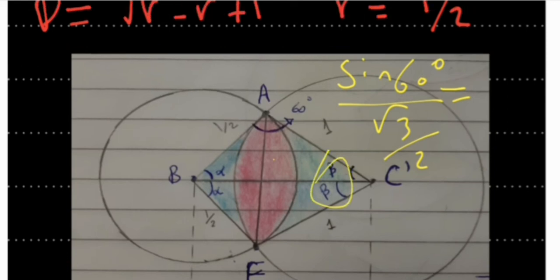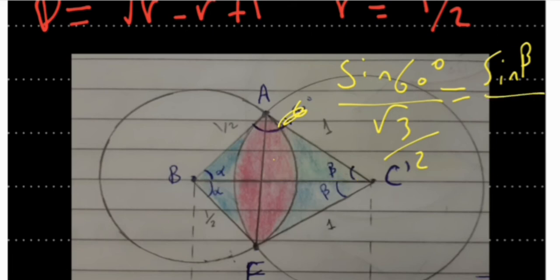sine of beta. Let's take just 1 beta, this beta and this half over here, so it is equal to sine of beta divided by this side over here, because this side is opposite to this angle.